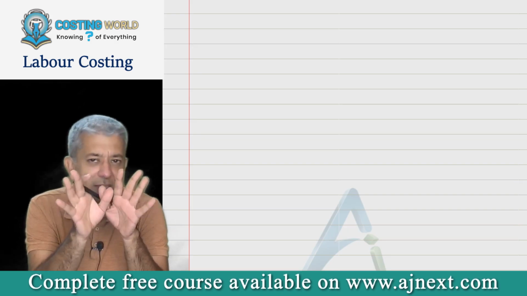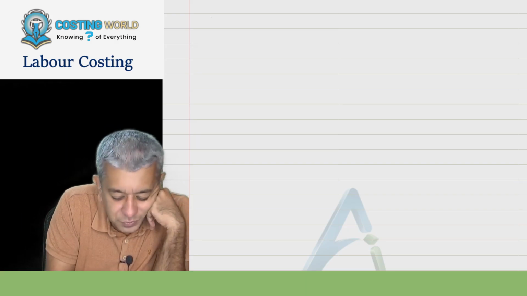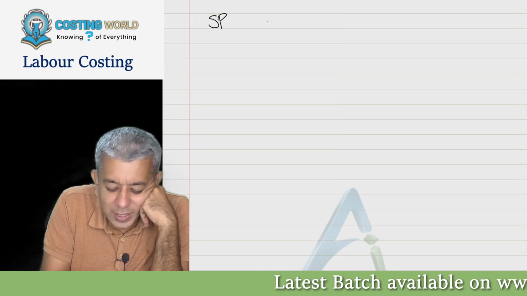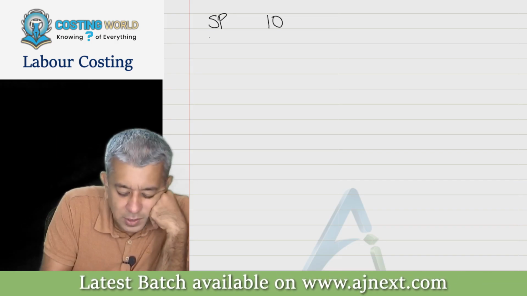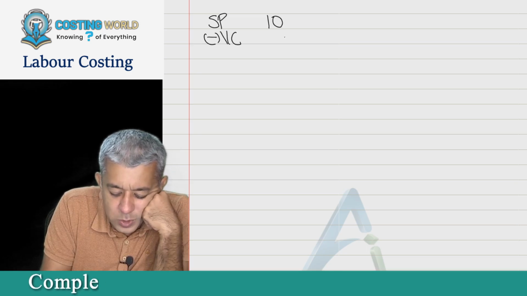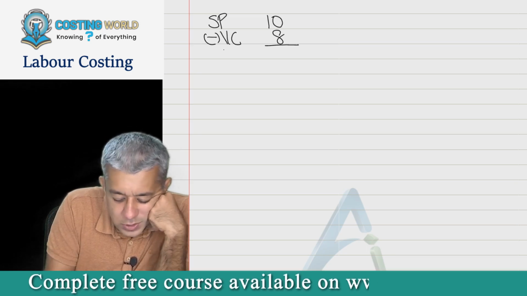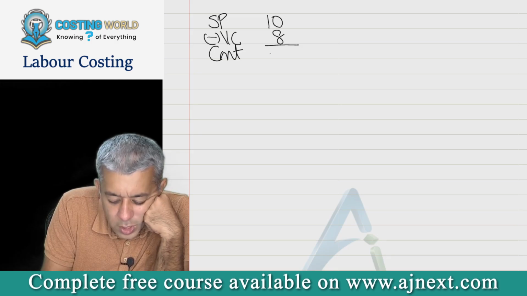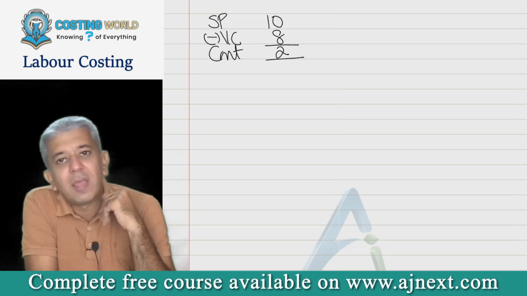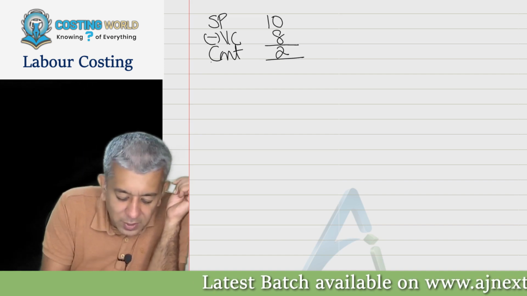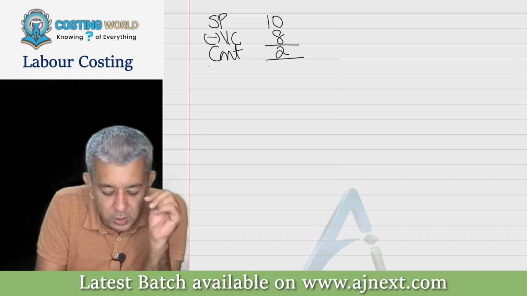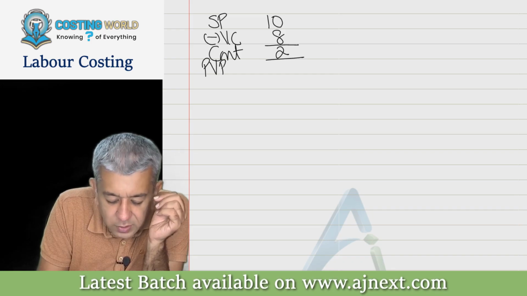I'm giving you one example. Just keep in mind. Listen. Selling price of our products was 10 rupees. This is my example. Variable cost in this particular case was 8 rupees. So, contribution that we were getting on every unit was rupees 2. I'm giving you some new term, and that is PV ratio.